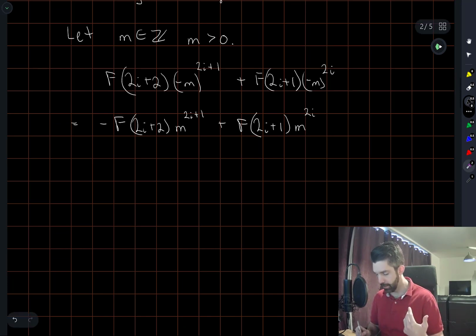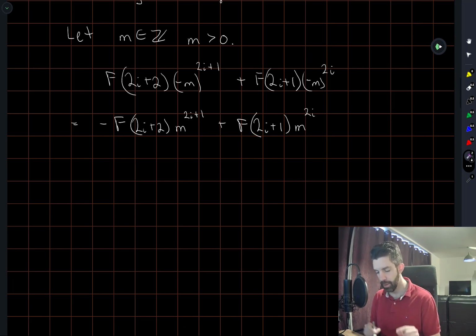So once again, this Fibonacci term is strictly greater than this Fibonacci term, except when i is equal to 0. When i is equal to 0, both of these terms are equal to 1. It's the first two terms in the Fibonacci sequence. Additionally, this term here is strictly greater than this, except when m is equal to 1.